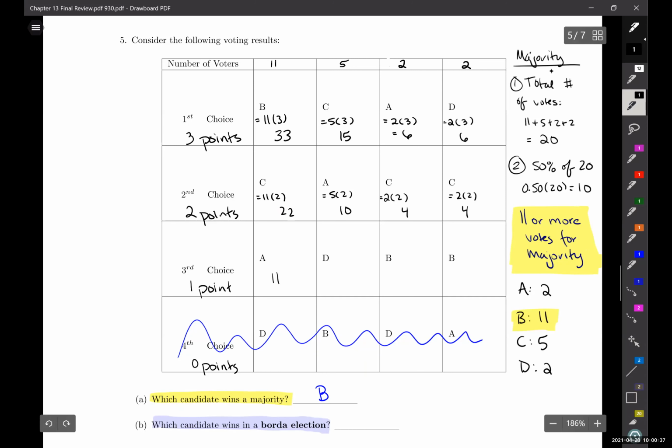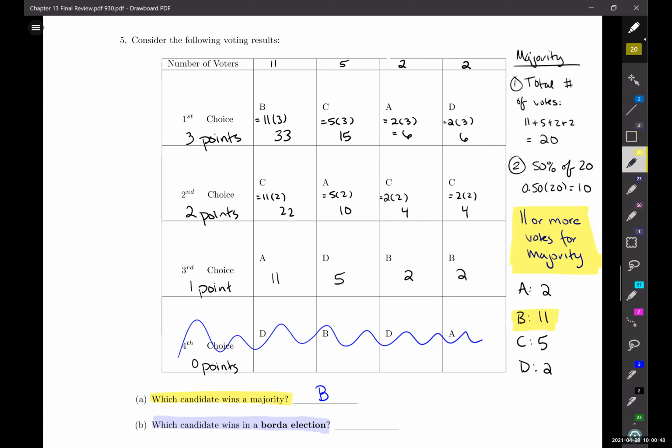So 11 times 1 is 11, 5 times 1 is 5, 2 times 1 is 2, 2 times 1 is 2. So now I'm just going to carefully make sure I give the right points to each category, tally them up, and then the largest number will win.